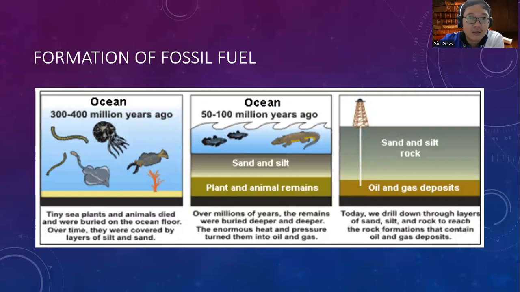And then over millions of years, sand and silt or other soil overburden the plant and animal remains, thus turning them into oil and gas deposits through time. So the formation of fossil fuels takes 50 to 100 million years.